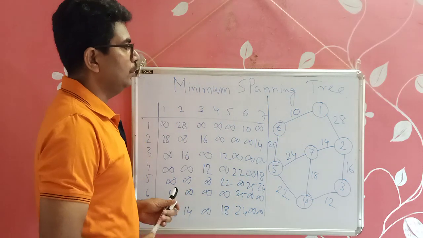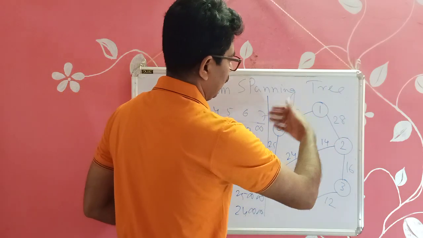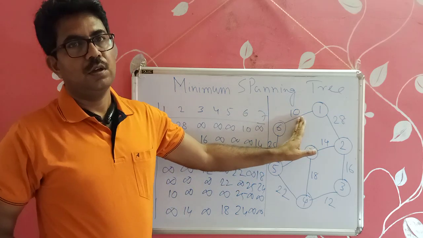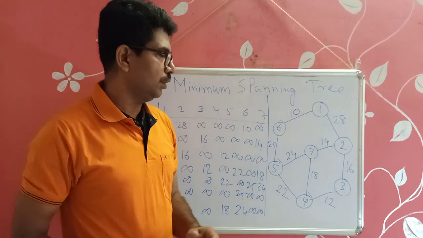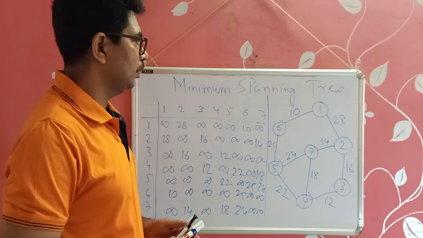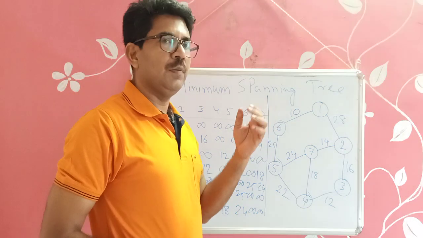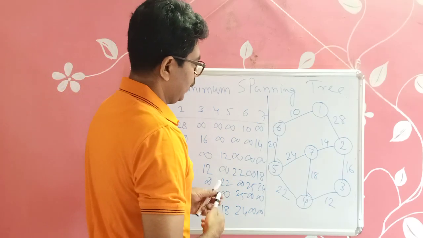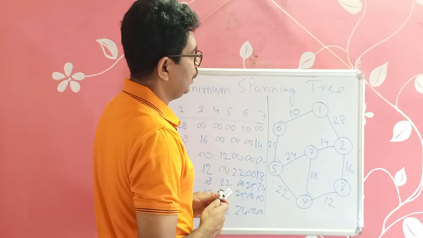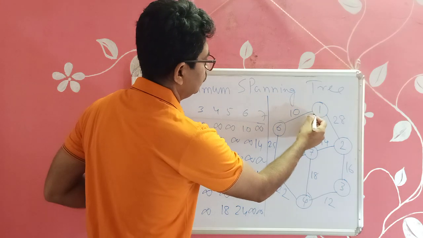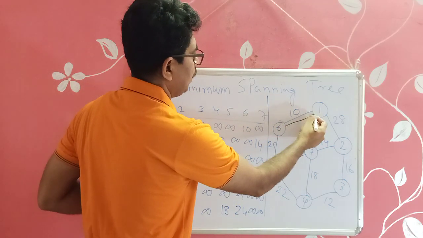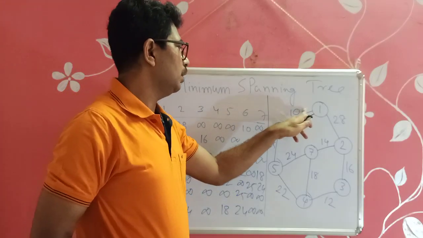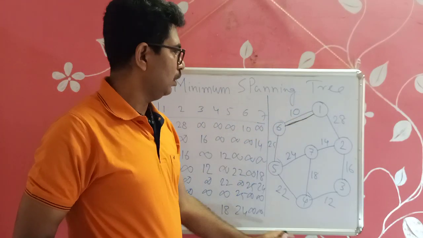First we will sort these edges in non decreasing order, then we will select the minimum one. So the first edge that we will get is 1 6, because it has the minimum weight 10 among all these.